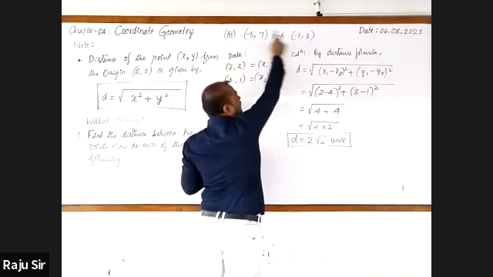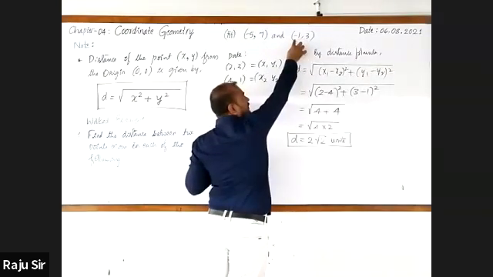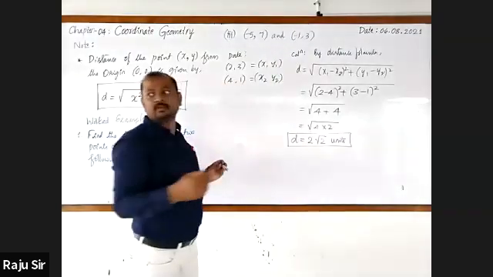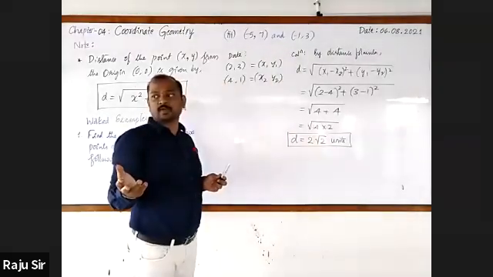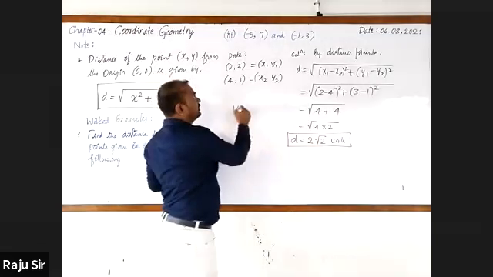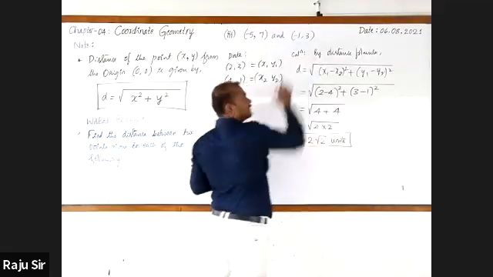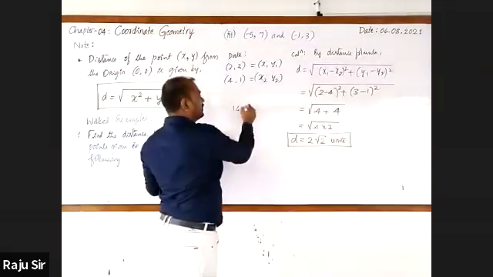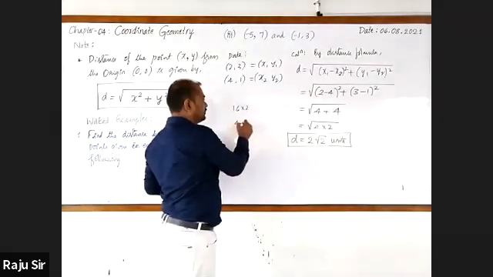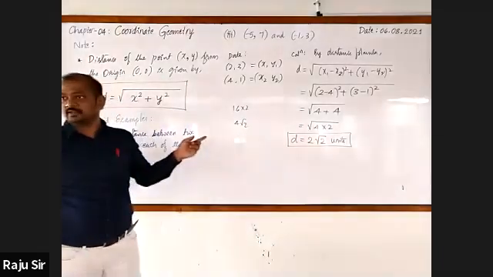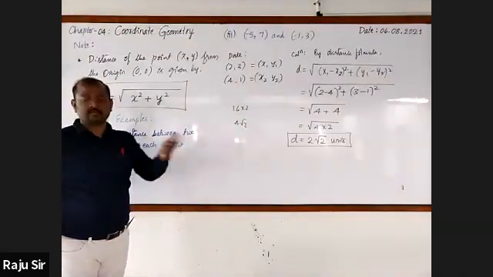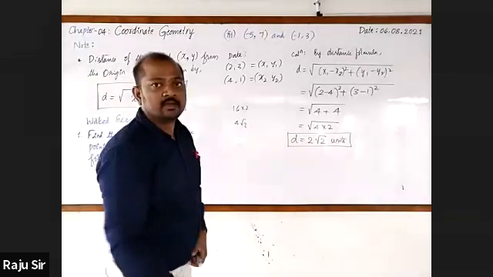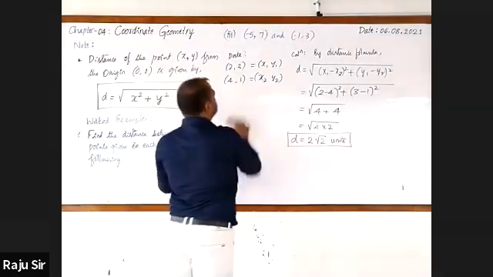Minus 5 minus (minus 1), so minus 5 plus 1 is minus 4, whole square 16. 7 minus 3 is 4, square 16. 16 plus 16 is 32, which is 16 twos. It is 4 root 2. Your answer should be this: 4 root 2.